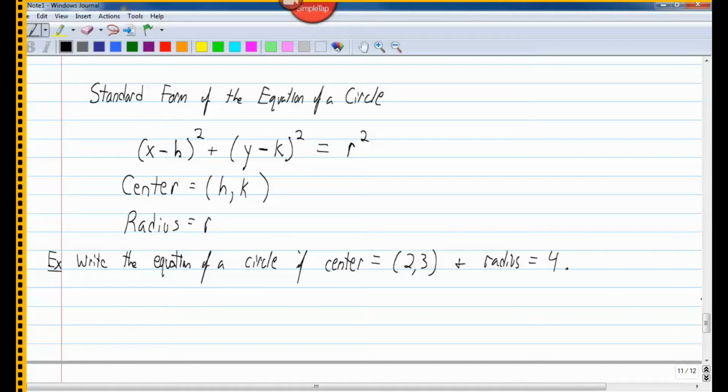Alright, and this is the form that we want to write it in. This right here. So our center, that's (h, k), and our radius, our r, is 4.